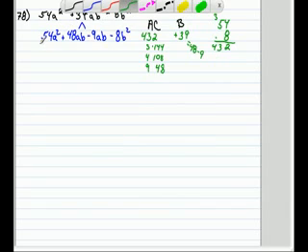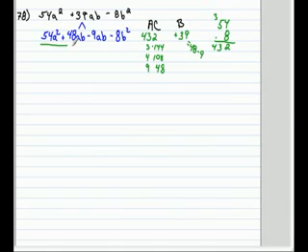Our front group, we take out what? Well, we know we're going to take out an a. And what's a common factor between 48 and 54? Well, we know they're both divisible by 6. So, let's see.